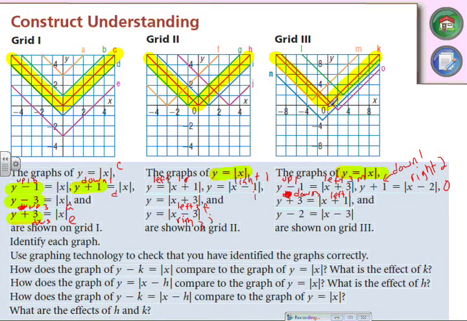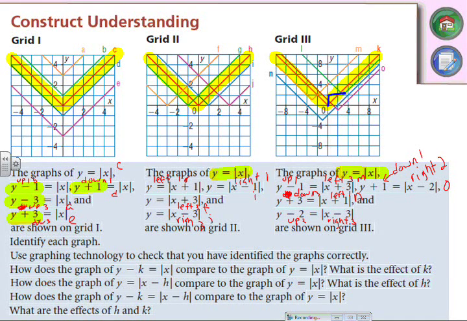That puts us at N. And finally, y minus 2, that's up 2 and right 3. Go up 2 and right 3. That puts us at L.